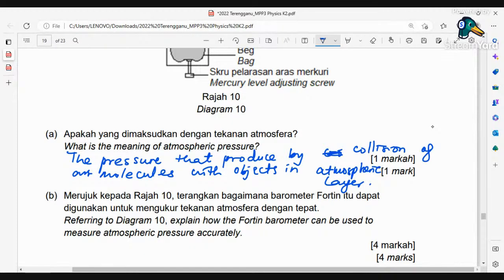Okay, the pressure that is produced by collision of air molecules with objects in the atmospheric layer. So we call it atmospheric pressure.